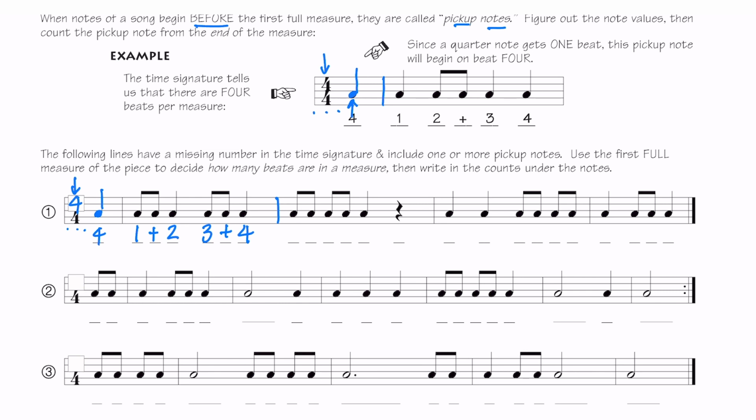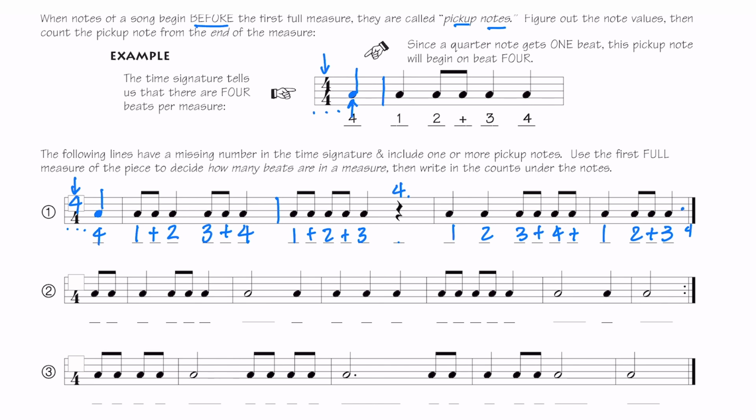Let's keep going with writing our counts in. 1 and 2 and 3, 4. I'm going to put it up above the rest. 1, 2, 3 and 4 and 1, 2 and 3. Now notice I don't have a count 4 right here. The reason why is because in a lot of music, the pickup note is borrowed from the last measure.